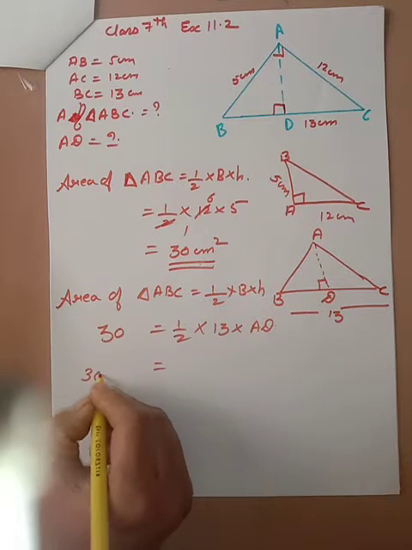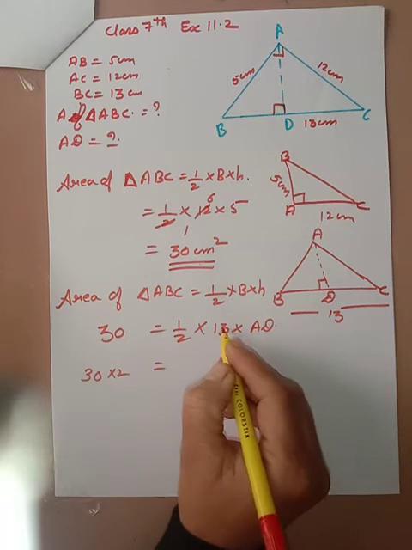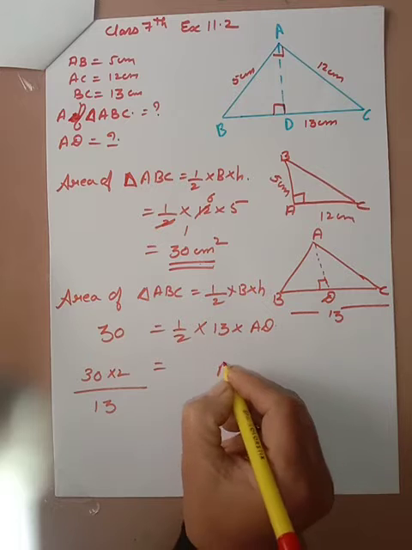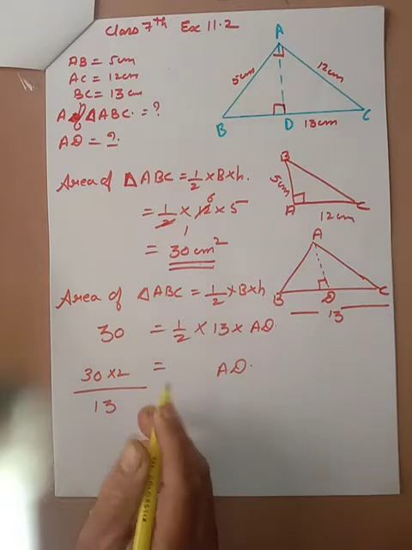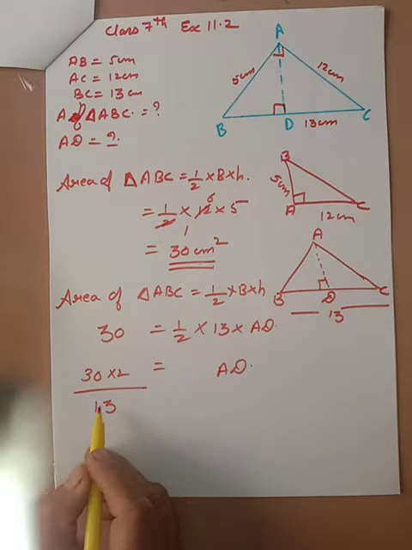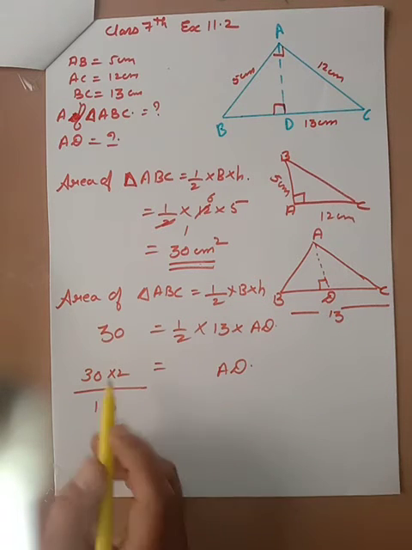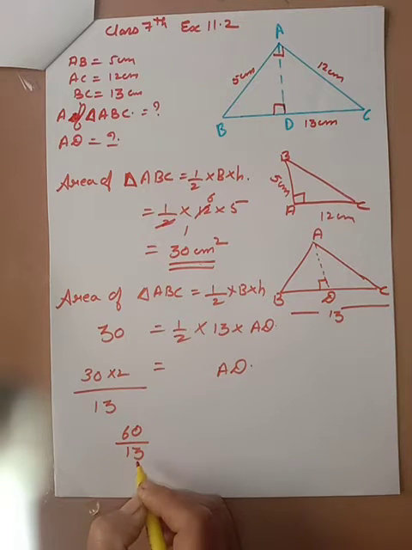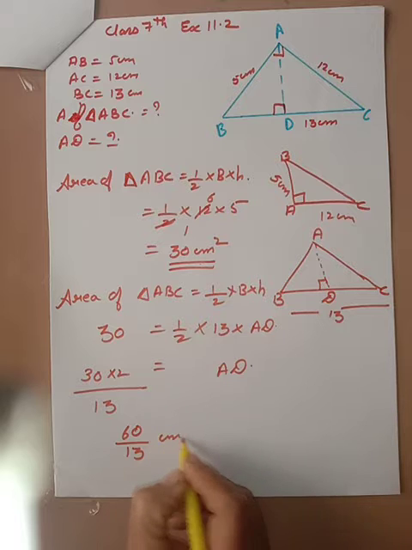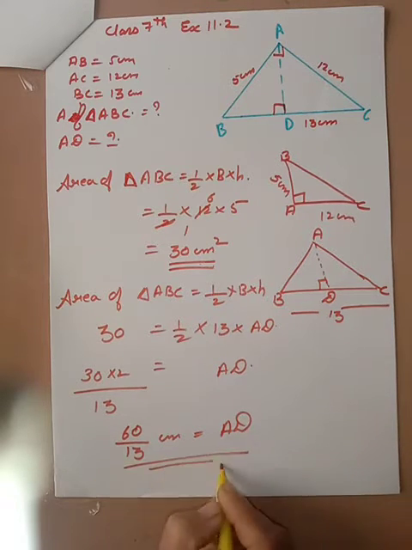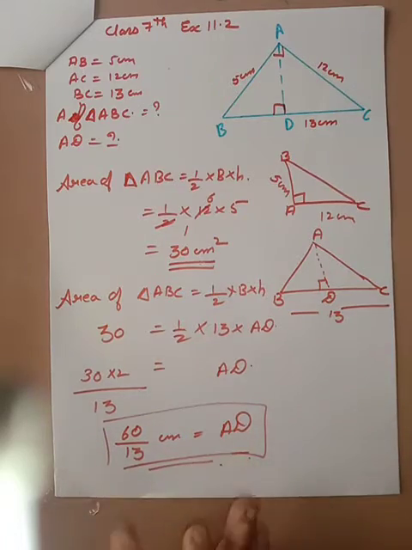Now 30 यहाँ divide है तो यहाँ multiply है. Now here 13 से cancellation is impossible, तो 2 thirties are 60 upon 13. So we'll keep it as it is, 60 upon 13 centimeter. This is your height of the triangle. We found this also.